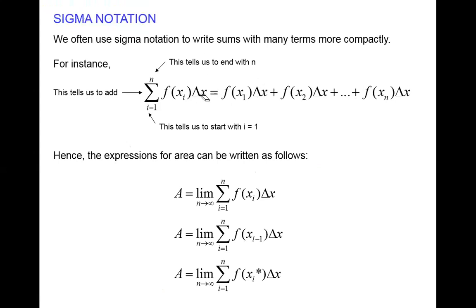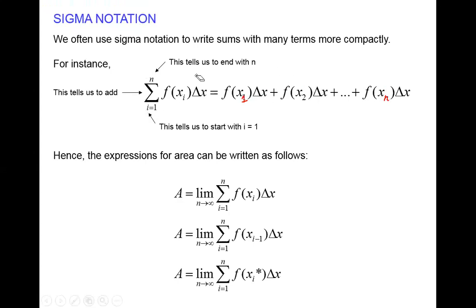The base is not changing. That means delta x will not change for each term, but f of x sub i will change: x sub 1, x sub 2, and so on. We can see why I'm starting from 1 and ending at n, because that's what sigma is telling me. This is telling me to start with 1, and this is telling me to end with n, by counting numbers.